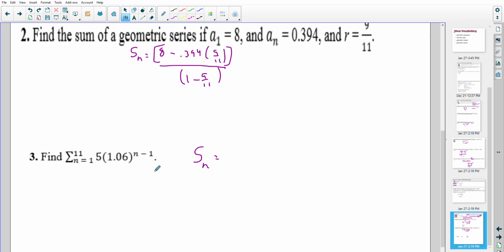So the first term is where you put 1 in. 1 becomes 0. This to the 0 power is 1, which is just 5. So it's going to be 5. And then it's minus the common ratio, which is just going to be 1.06.